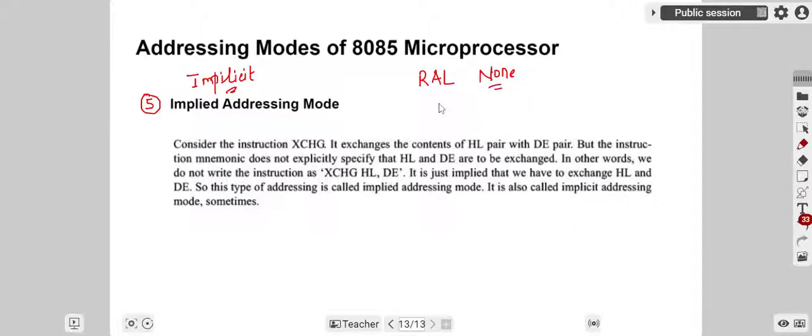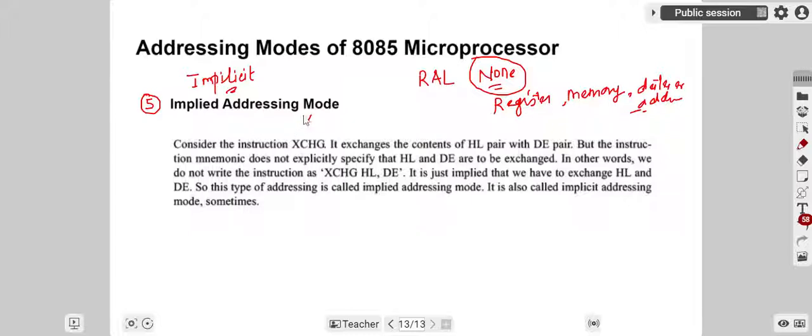So where no operand is provided with the instruction, whether inside any register, whether as memory, or whether as data or address, those kind of instructions fall under the category of implicit or implied addressing mode.